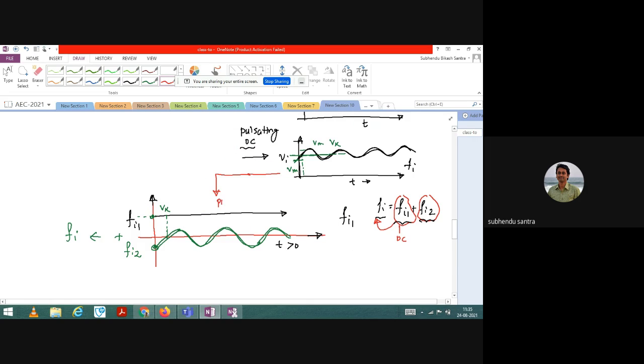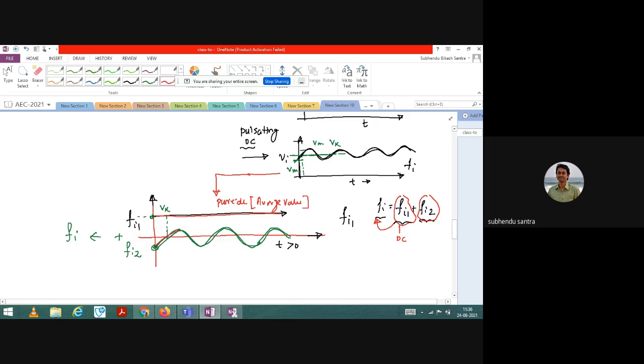One is pure DC, which is known as the average value. So when you study the rectifier, you have to calculate the average value. Average value means the constant portion of the signal, and then you also need to calculate the RMS value.